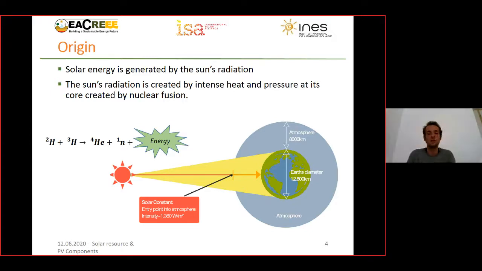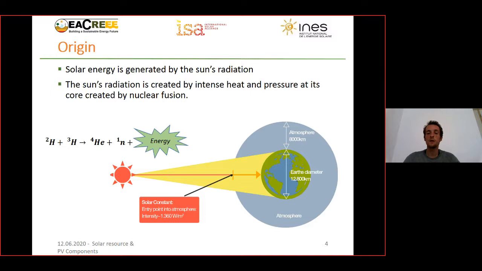Earth's surface. Once this radiation, this energy, crosses the atmosphere, you will have some losses due mainly to diffusion in some atmosphere particles. So at Earth's ground, you will approximately receive 1,000 watts per square meter if you are in clear sky conditions.